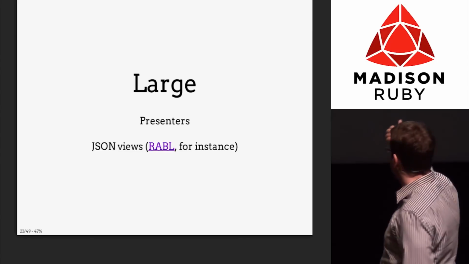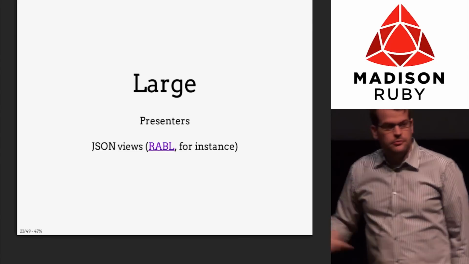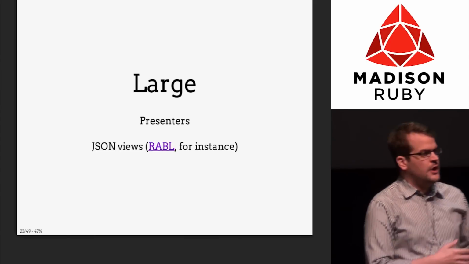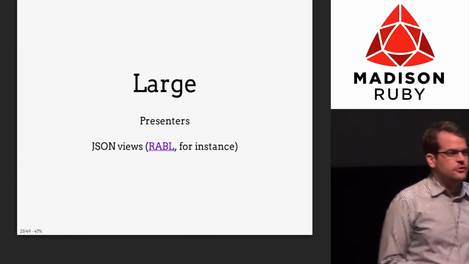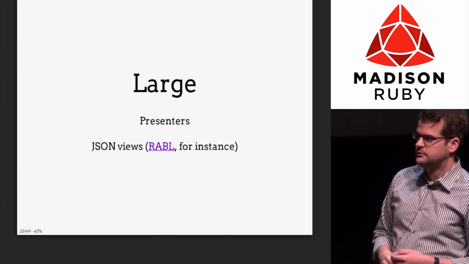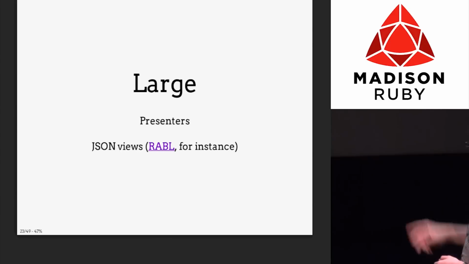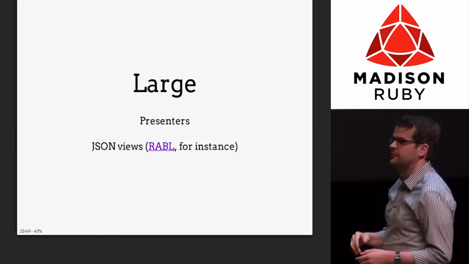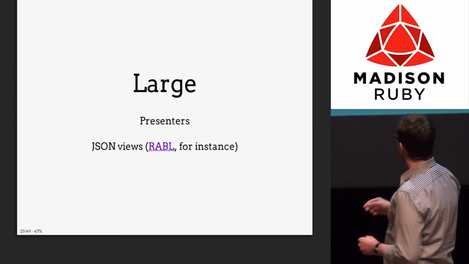There's a couple of gems, particularly Rabl, that make it much more wonderful to do this sort of approach, with declarative JSON views that you can then reuse as appropriate for these different scenarios. And by the way, you'll see a bunch of hyperlinks in there. These slides will be available online if you want to dig into some of this stuff, because I know we're going a little bit fast.